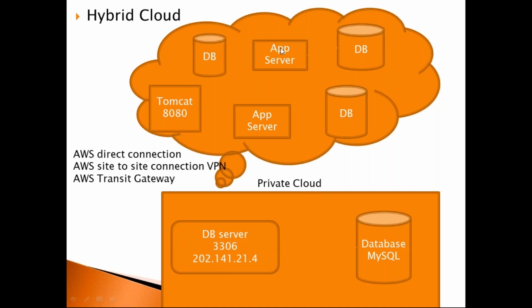There is a database in the public cloud. This is the combination of hybrid. Every financial company or every MNC company is going to use hybrid cloud because all your user information contains both public and private. So this is called hybrid cloud.